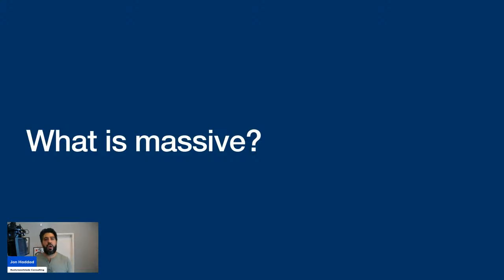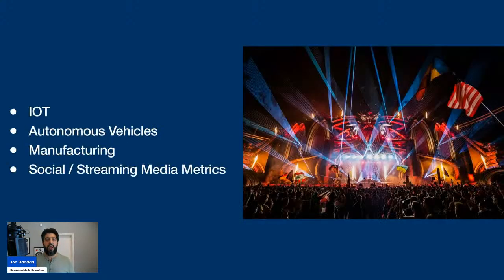Now, let's talk about our time series use case, and let's really get an idea for what massive really means. These are the use cases that you'll hear about, like IoT, right? We've got Nest thermostats that are constantly reporting back sensor readings. They're constantly getting adjustments. You might be dealing with thousands or tens of thousands of readings per day.